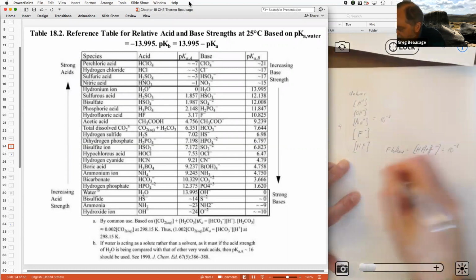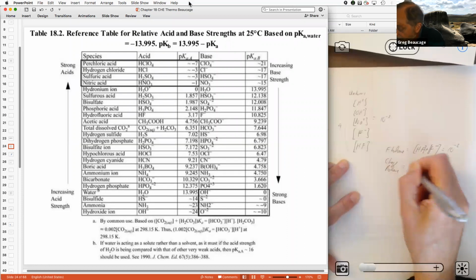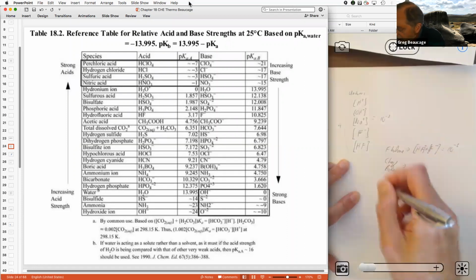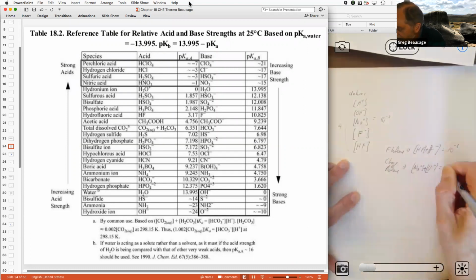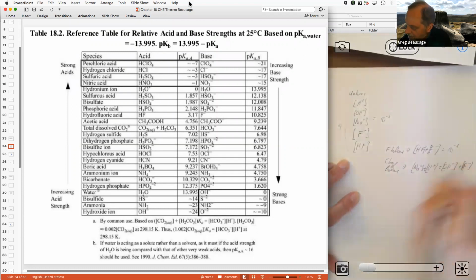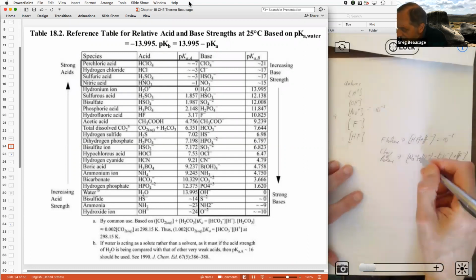You can do a charge balance. The charge balance is your Na plus and your H plus equals OH minus and then F minus, because it has to remain neutral. So it's a neutrality constraint. Then you get a problem, because H plus is going to be a really small number and Na plus is going to be a huge number.